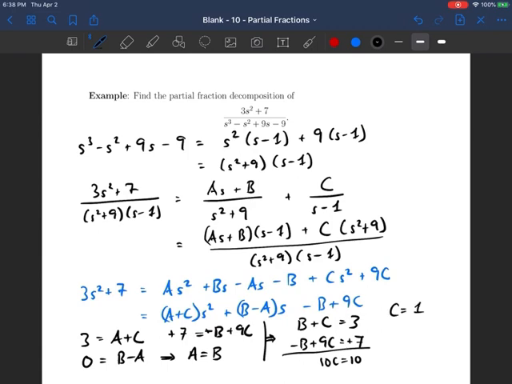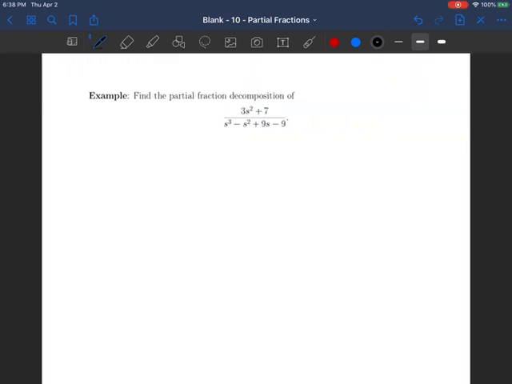Now, if we add these two equations together, we get 10c is equal to 10. So c equals 1. From c equals 1 and b plus c equals 3, we know that b is equal to 2, and we know that a is equal to b. So a is also equal to 2.